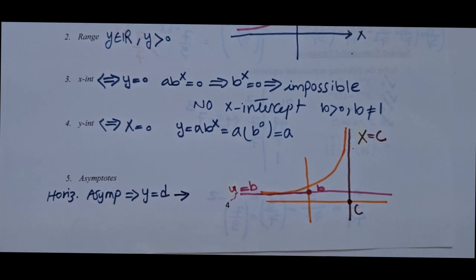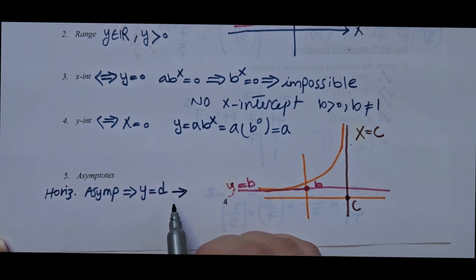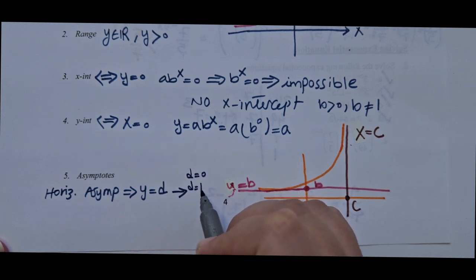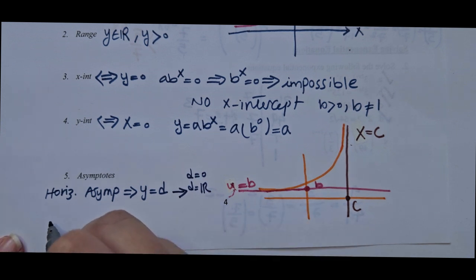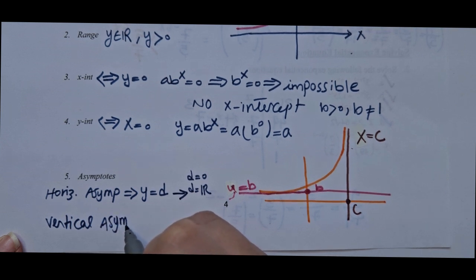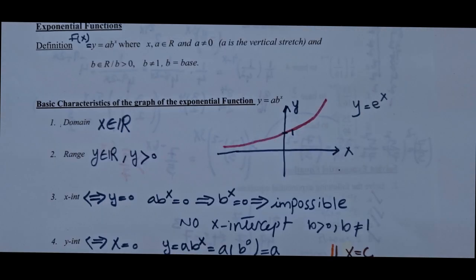But if we want to consider all the general forms, our exponential could also be elevated. So we would consider y equals d to be an asymptote, where d could be 0 or any other number. For the vertical asymptote of the exponential function, we refer back to the shape of the exponential function.